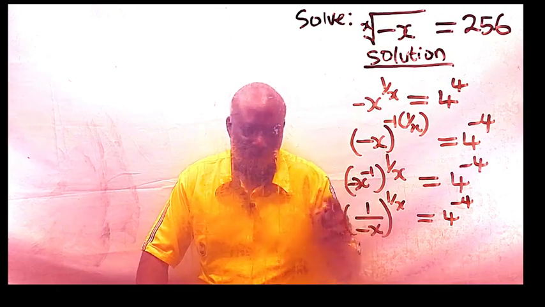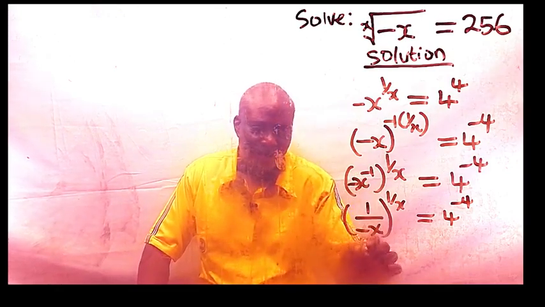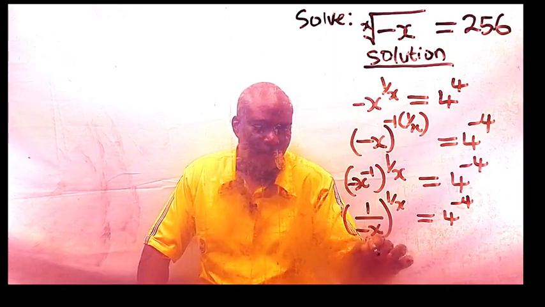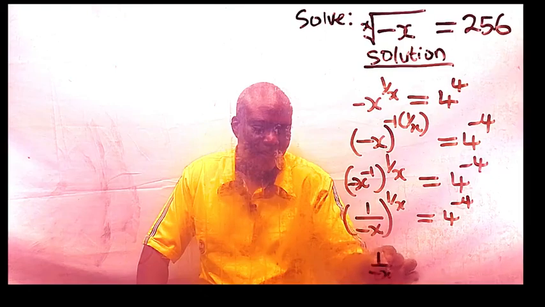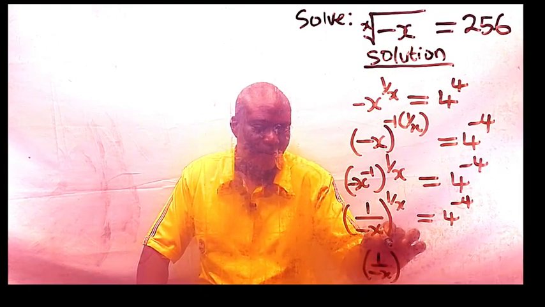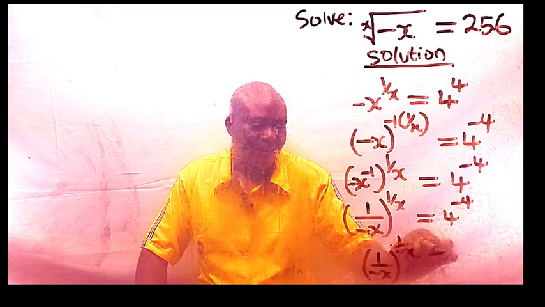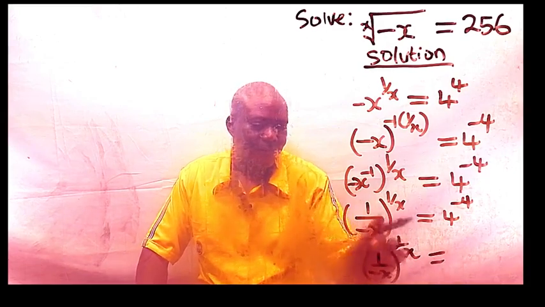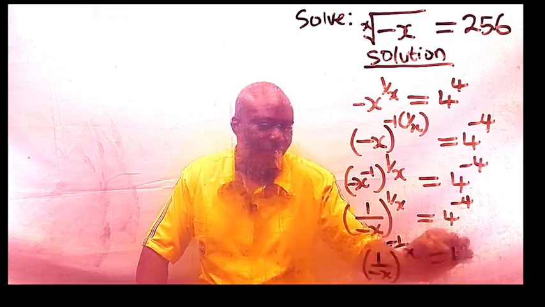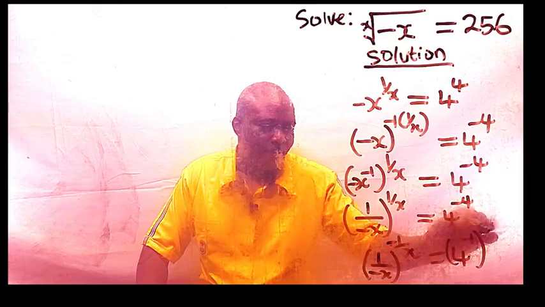Let us multiply both by minus 1 so that this and this will look alike. So you have here 1 over minus x to the power of 1 to the power of minus x, and 1 to the power of 4. This one minus 1 to the power of minus 4.